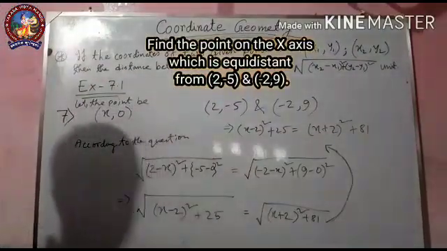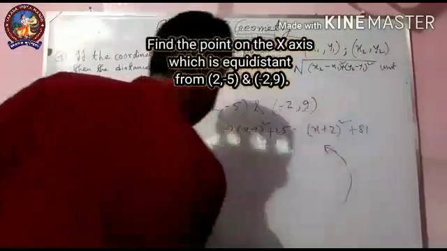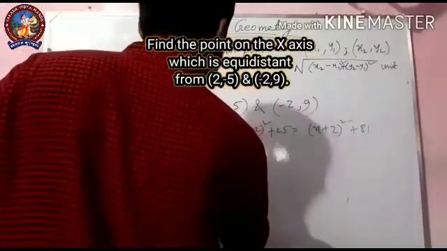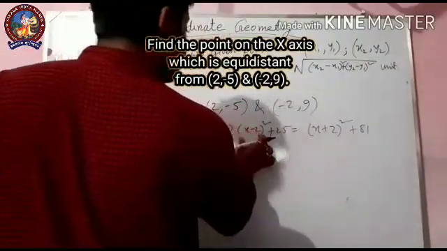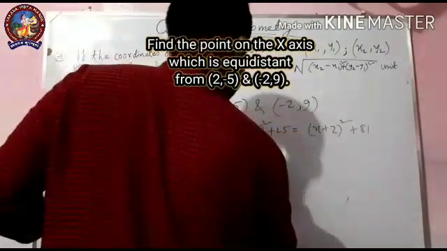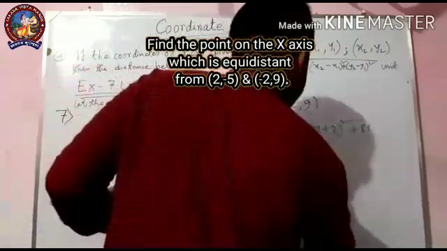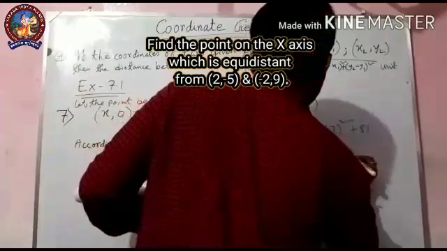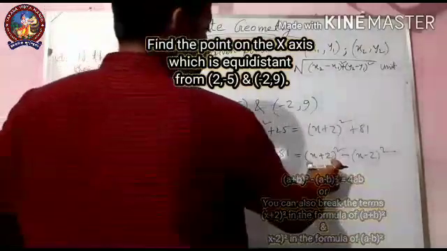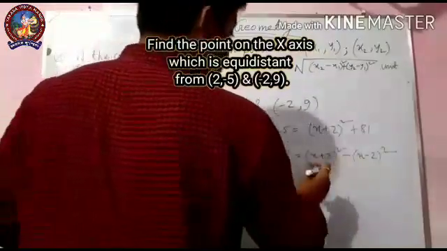Now we will take this term to the right side and this term to the left side. See, this is of the form a plus b whole square minus a minus b whole square. That is the formula of 4ab, right?